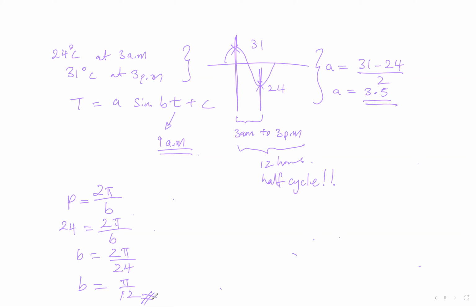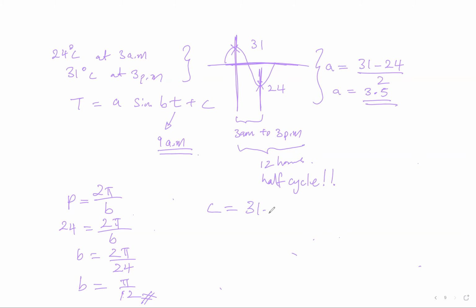Okay, now last but not least, we need to find what is your in between. The axis of curve between 3 a.m. and 3 p.m. You must find the in between, the axis of curve. So for axis of curve, you just need to add the 2 points divided by 2.